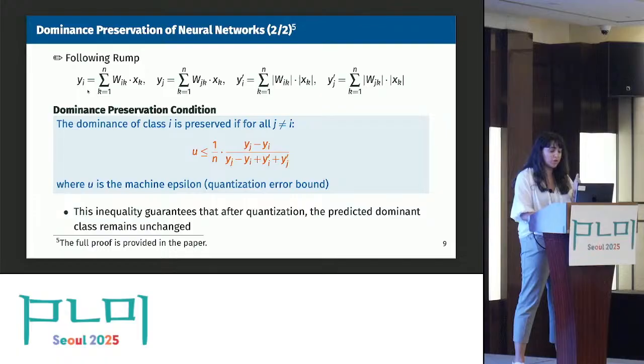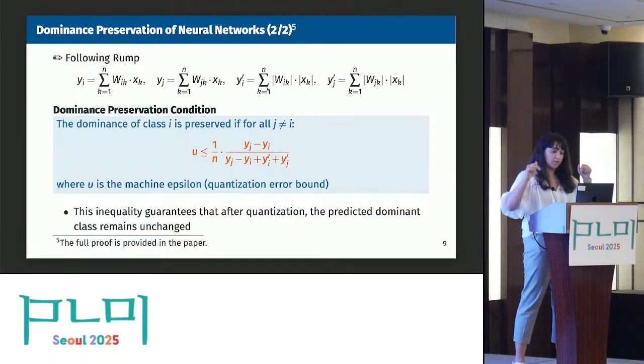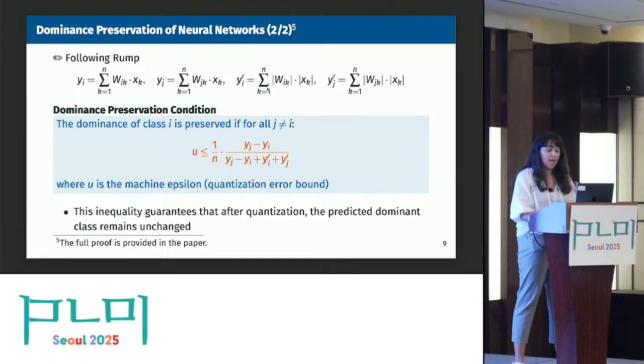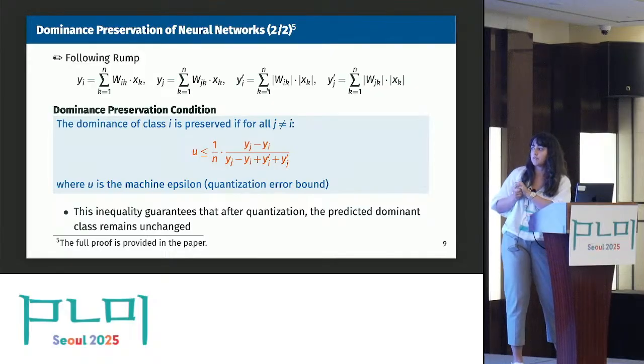the outputs are our classes, class i and j, and we have y_i, which is the dot product of w_i and x_k, and we have the other class, the output j. We will take the same, but in absolute value, and we define this new proposition, the condition to preserve the dominance.